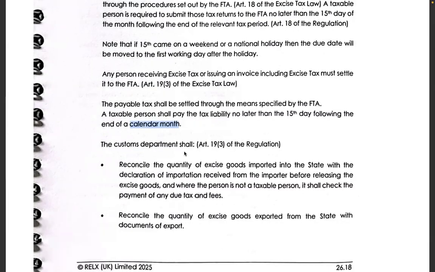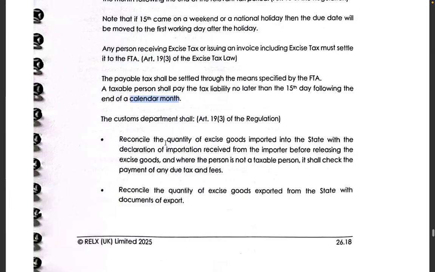The customs department shall reconcile the quantity of excise goods imported into the state with the declaration of importation received from the importer before releasing the excise goods, and where the person is not a taxable person, it shall check the payment of any due tax and fees.